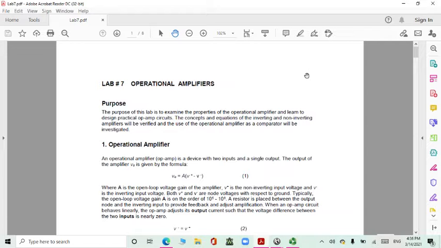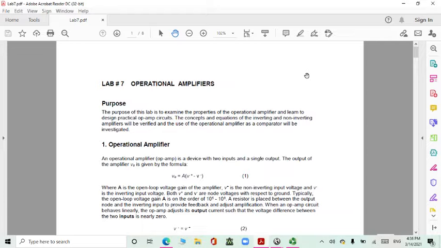What does amplifier mean? Operational amplifier, typically called op-amp for short, is an active circuit element designed to perform different mathematical operations on electrical signals like addition, subtraction, multiplication, division, differentiation, and integration.